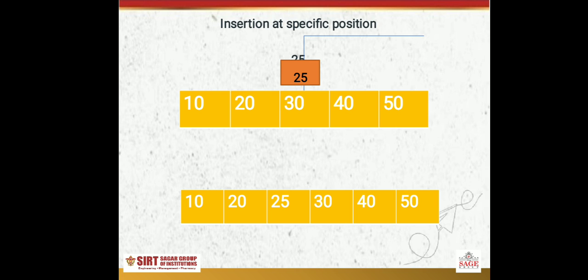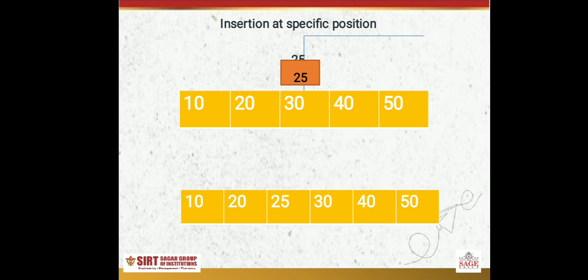But since I want to store 25 into the third position, you would see that the element 25 has taken the third position, and later the already existing element, that is 30, is shifted to the next place, that is, 30 has taken the place of 40. Another element, that is 40, has taken the place of 50, and so on.